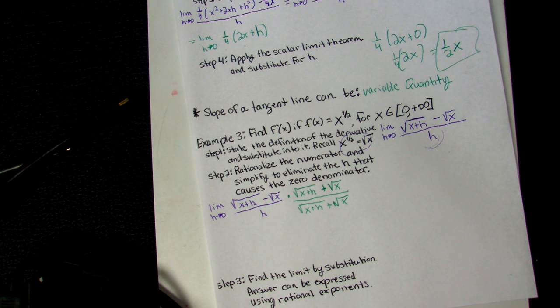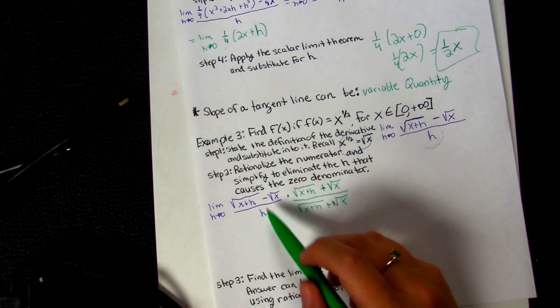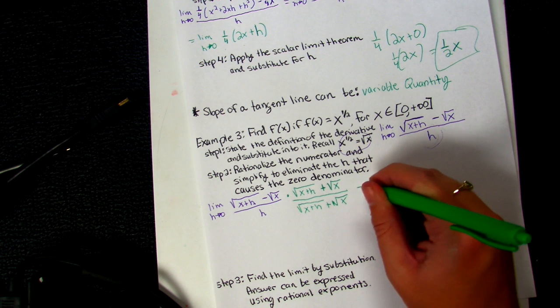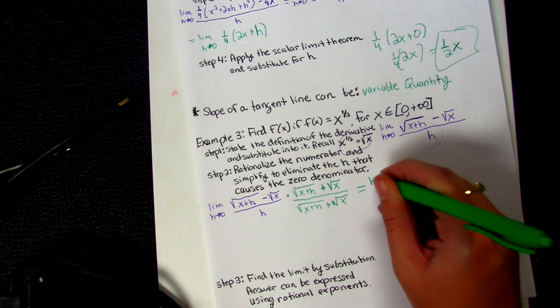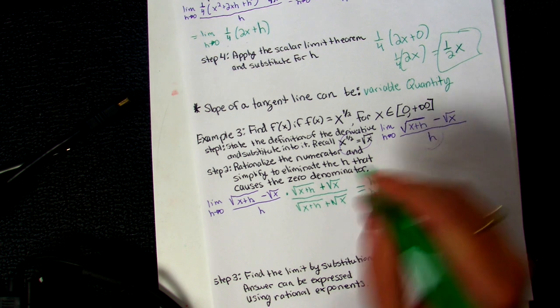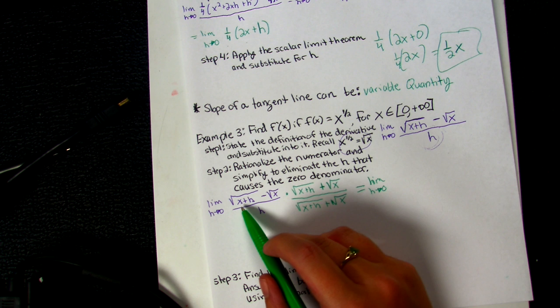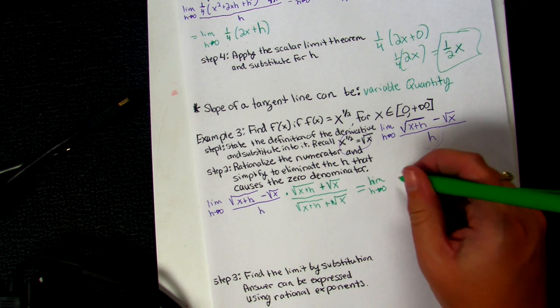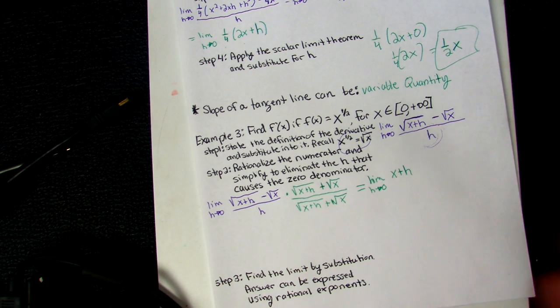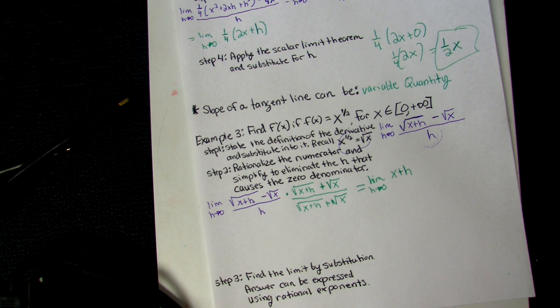All right, so from here, in my numerator, go ahead and write out our limit, because we haven't evaluated yet. The square root of x plus h times the square root of x plus h gives me x plus h. So I've got this times this and this times this, which cancels, the whole point of rationalizing.